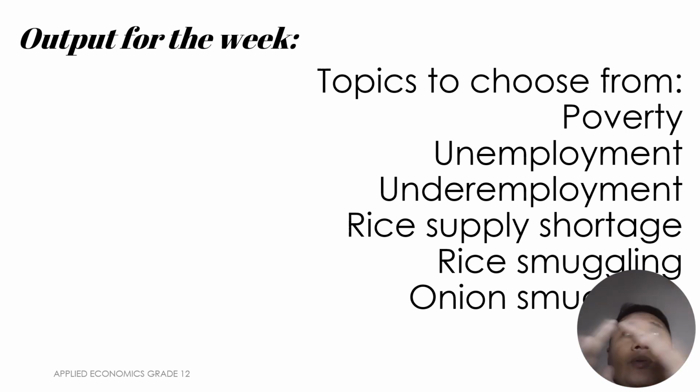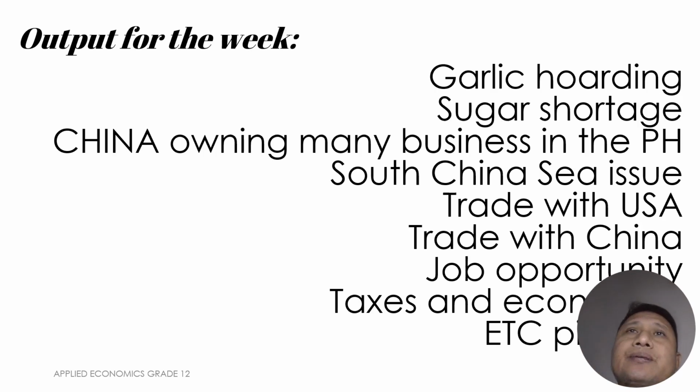Pwedeng about poverty, unemployment, underemployment, rice supply shortage, rice smuggling, onion smuggling, garlic hoarding, etc. Nasa lecture yan. Pili lang kayo o kung mayroon kayo mas gusto, pwede na. It's about economic problems. Okay?